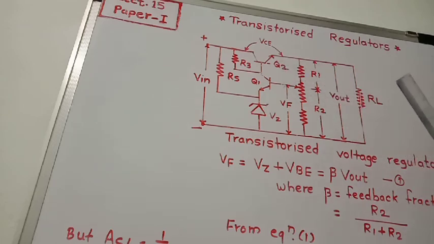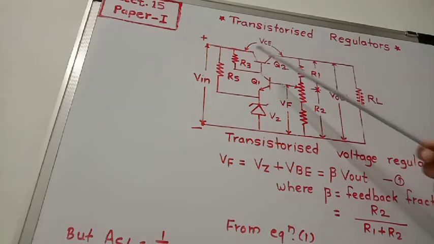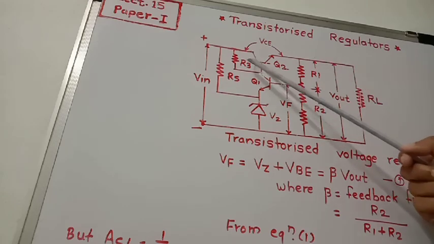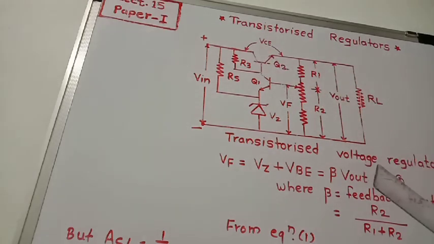Okay, and since full load current passes through this transistor Q2, when the load current is heavy, large current flows through this transistor Q2, and therefore the transistor gets heated.